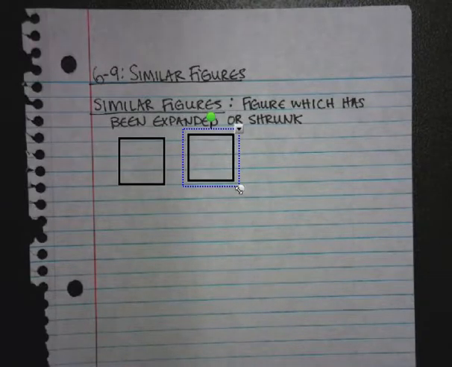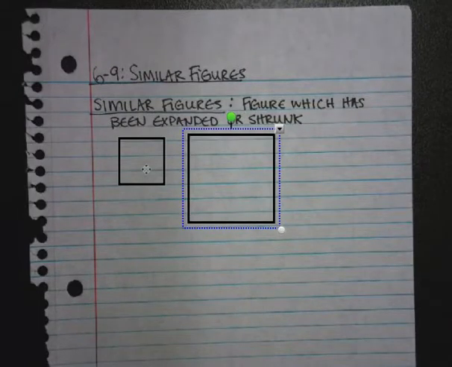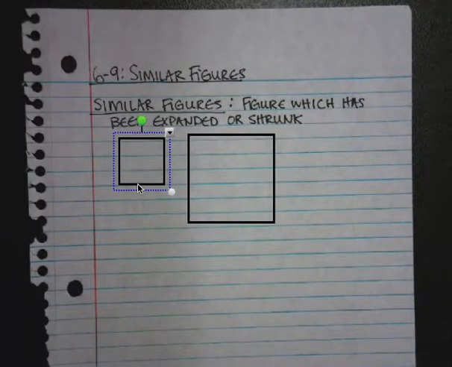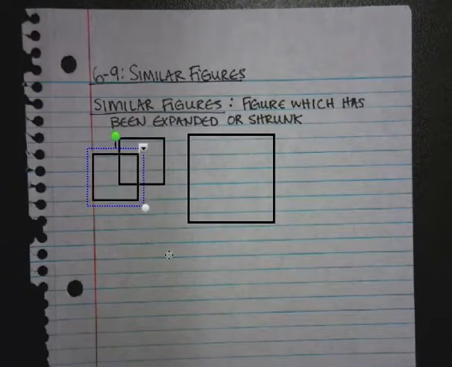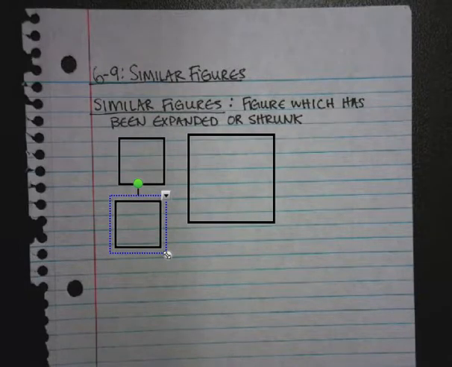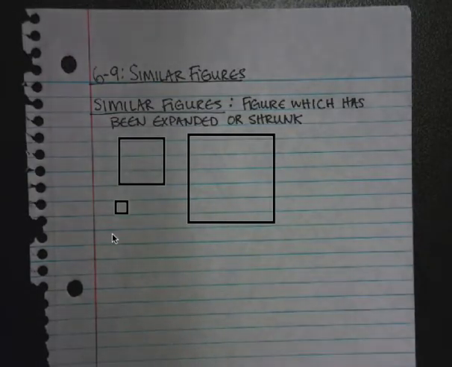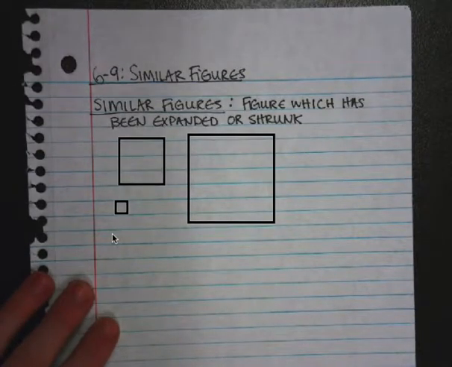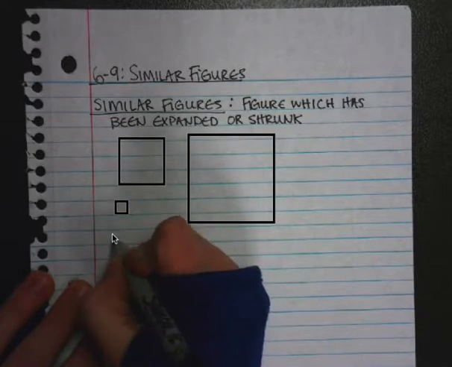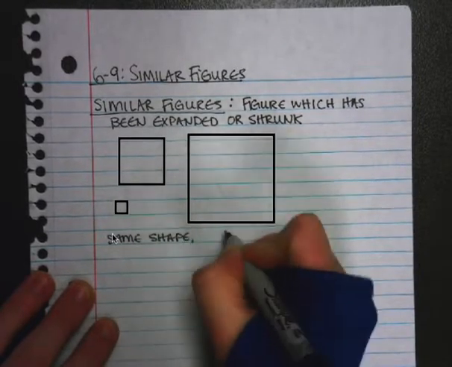So a similar figure to my original would be this one, which I have expanded, or this one that I have shrunk. Okay, so that's what you can think of as similar figures. The big idea is that it's the same shape, but a different size.